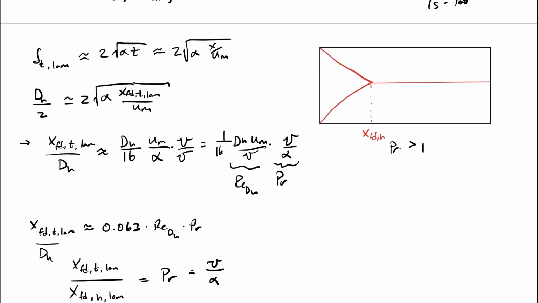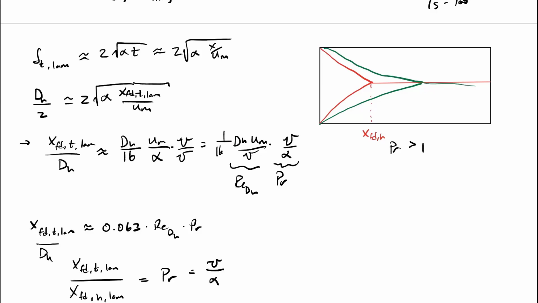So if the Prandtl number is greater than 1, where are my thermal boundary layers going to meet? Is it going to be before or after X_FD,H? Yes, after. So it's going to look something like this.